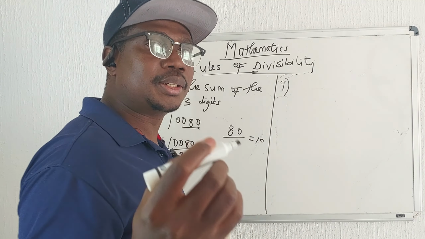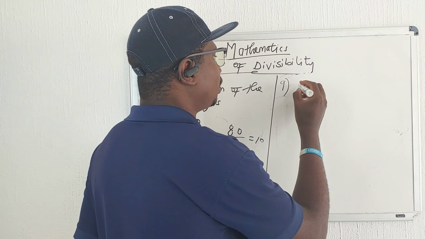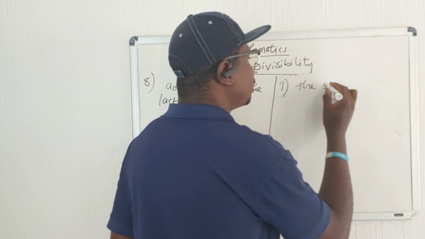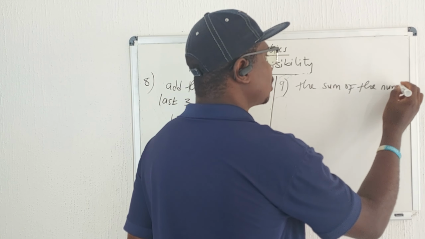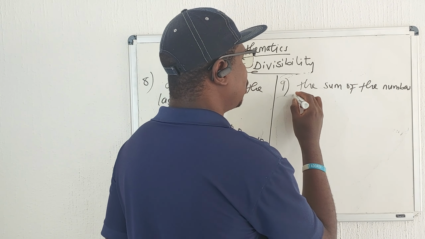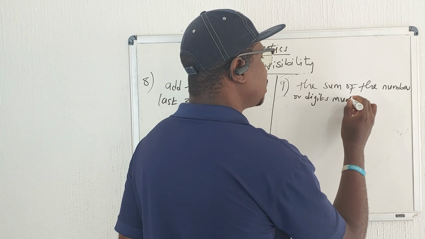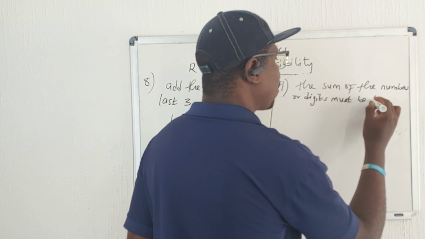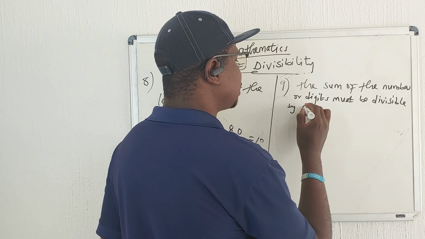Now, the last test is 9. If a number is divisible by 9, it means that the sum of the numbers or digits must be divisible by what? 9.